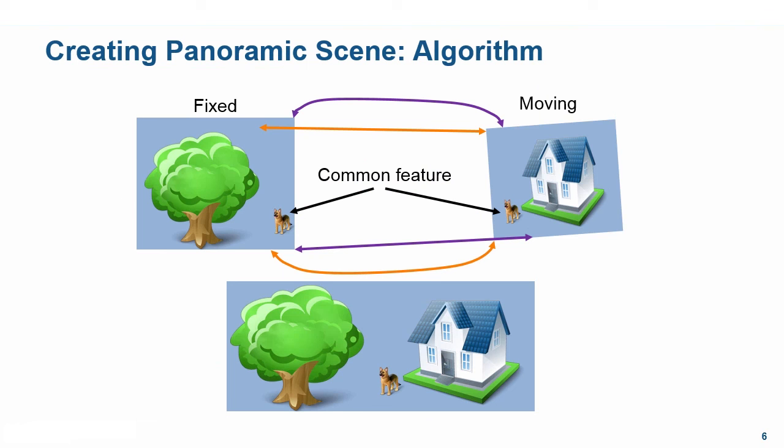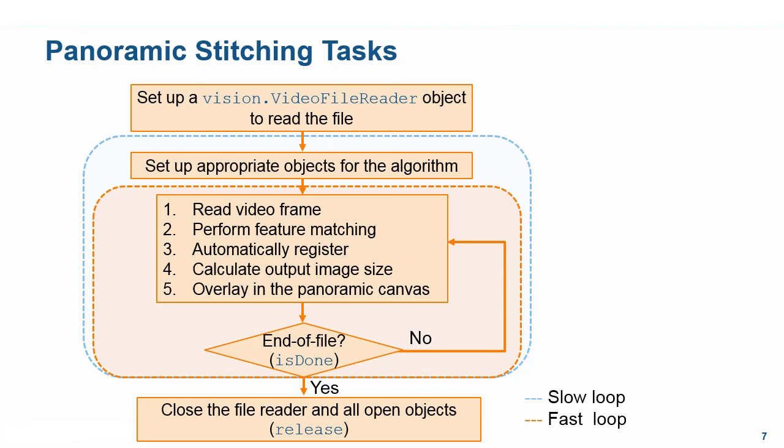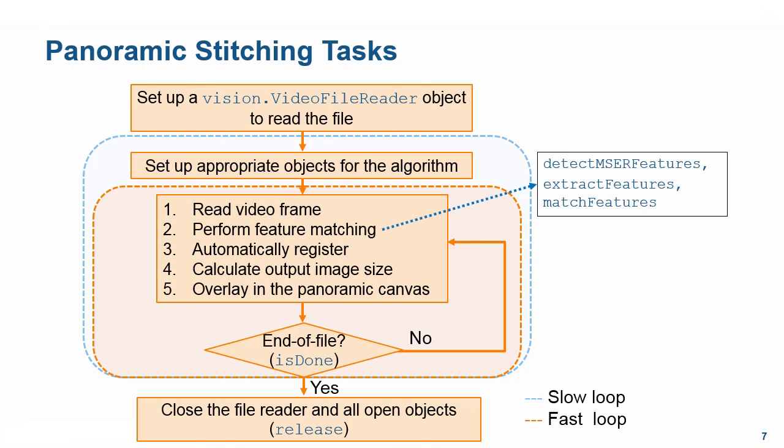We talked about creating a panoramic scene. The algorithm consisted of detecting common features and then registering consecutive frames of the video based on the features to get a panoramic scene. Specifically, these were all the tasks that were performed for panoramic stitching. We used video file reader to read in the video frames. We performed feature matching using the various functions we discussed in the feature matching video.